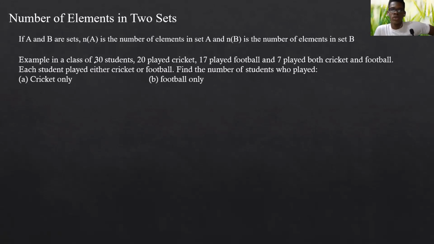usually, with the structure of these questions, the first bit of information is the universal set. How many elements are in the universal set? So in a class of 30 students means we're referring to a class of 30.